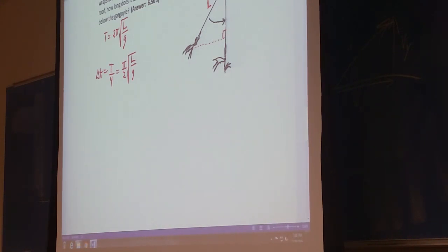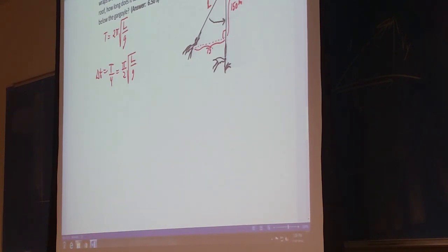And what's this leg of the right triangle? Yeah, 150. And what about the horizontal leg?